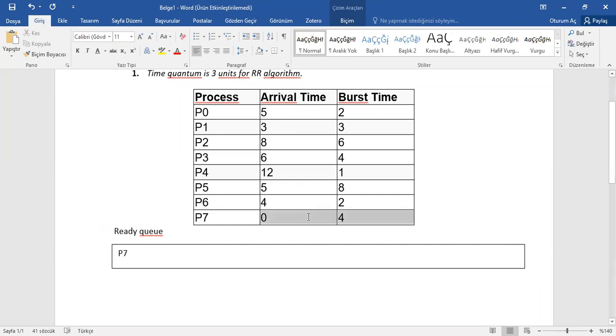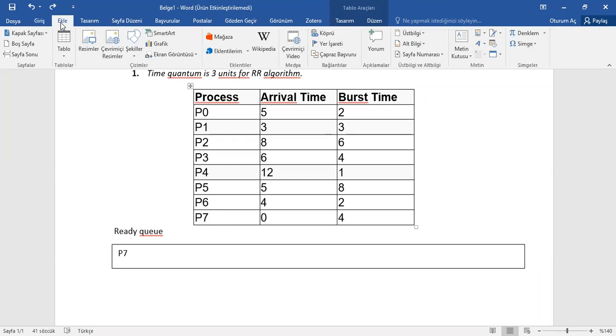And what is the burst time? Burst time is 4 nanoseconds. So CPU will execute this one first.